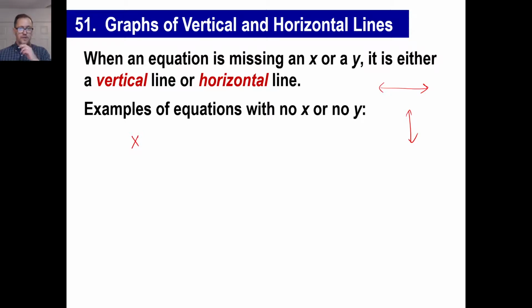Instead of x and y, you'll see y equals 3. X equals 3. Well, there's a typical graph, right? Well, if the x is equal to 3, well, this is the x-axis, right? Well, if x equals 3, that means 1, 2, 3, right? Well, if x is always equal to 3, it'll look like this. It'll just be going up and down. It'll be a vertical line.